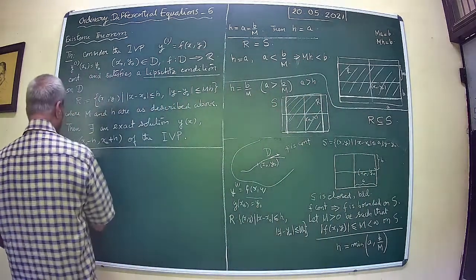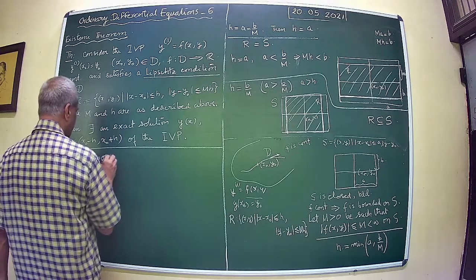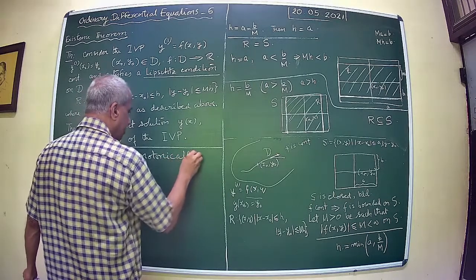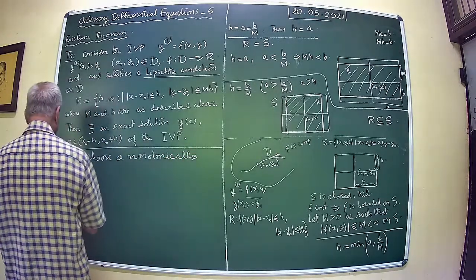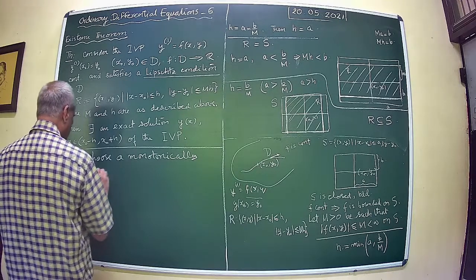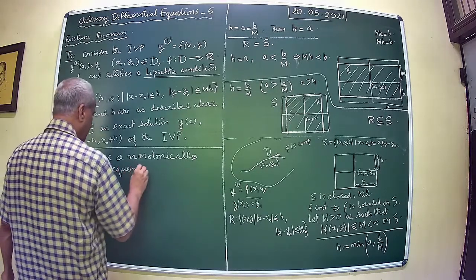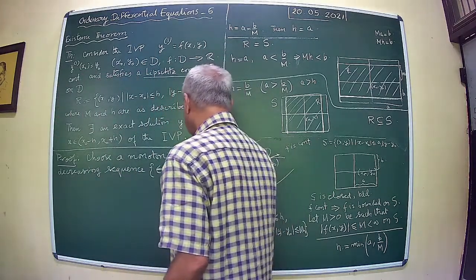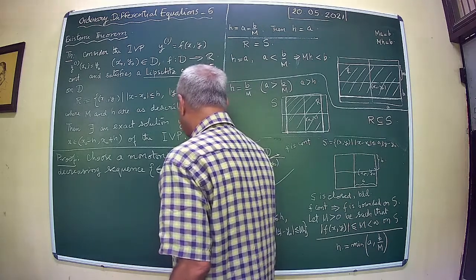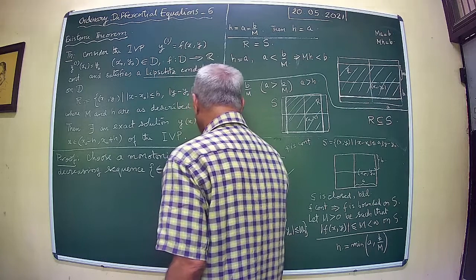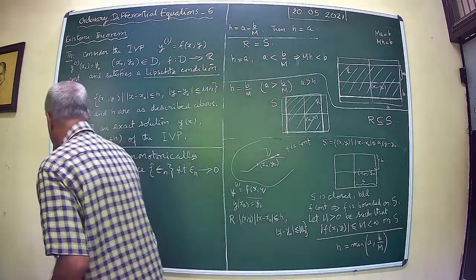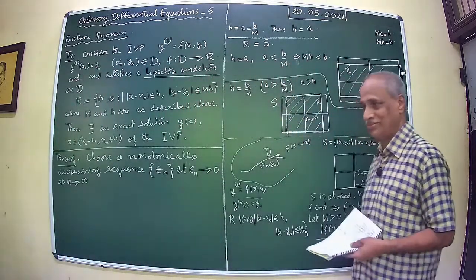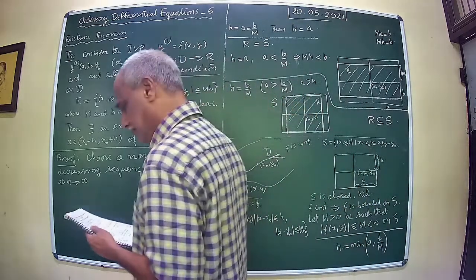What we do is we choose a monotonically decreasing sequence epsilon_n such that epsilon_n goes to 0 as n tends to infinity, something like 1/n.